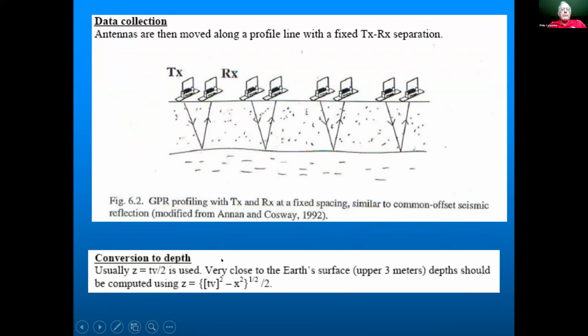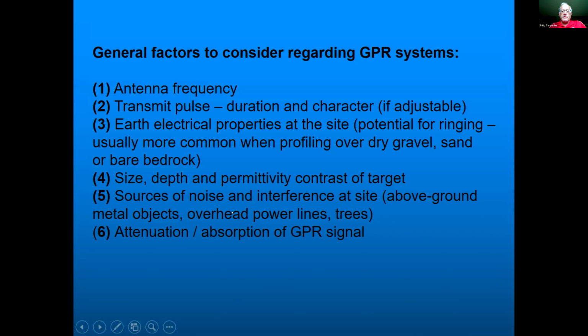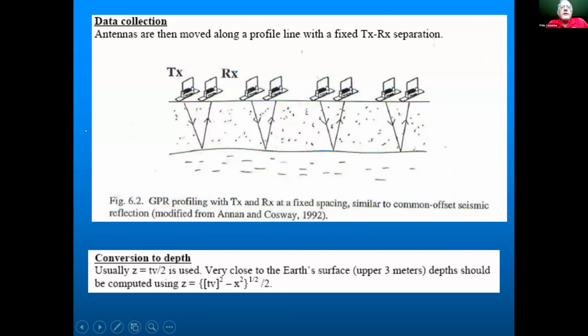And you can convert to depth using this equation, z equals TV over 2, unless you're very close to the surface, in which case you have to take into account the separation between the receiver and transmitter. So it's a very simple method to use.